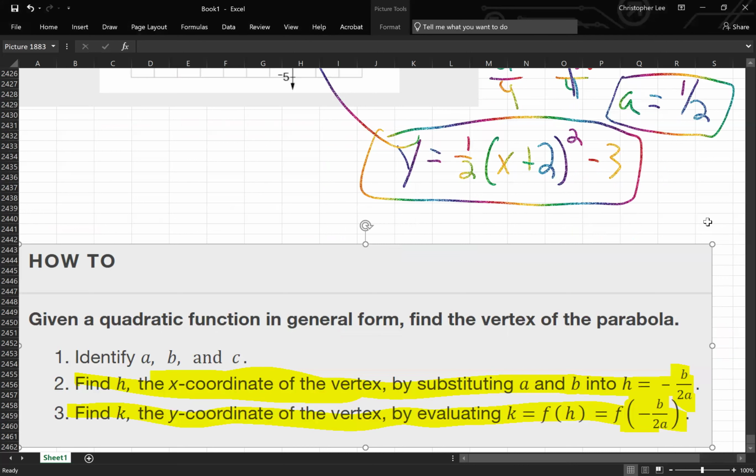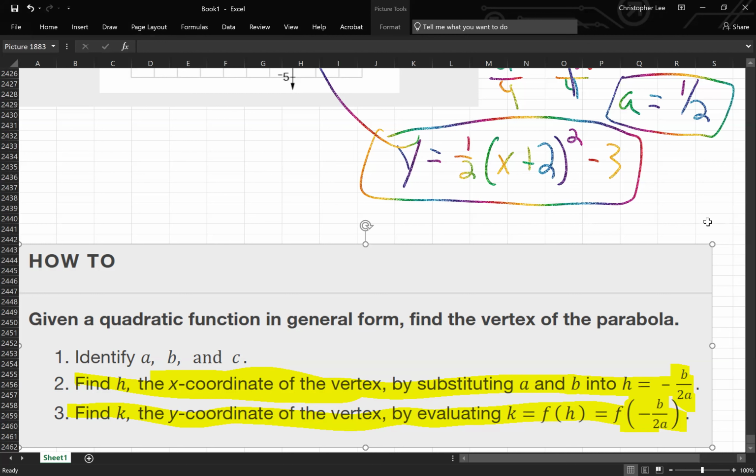So given a quadratic function in general form, ax squared plus bx plus c equals 0, right? We want to find the vertex of a parabola, right? So how do you find the vertex from the general quadratic equation, right? So you want to identify first what is A, what is B, what is C, the coefficients. Then you want to find H, right?